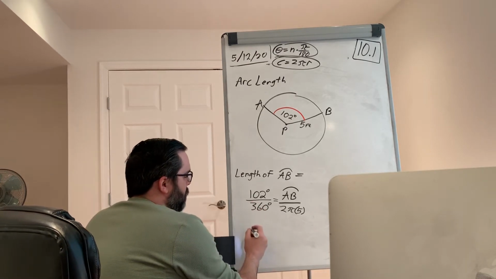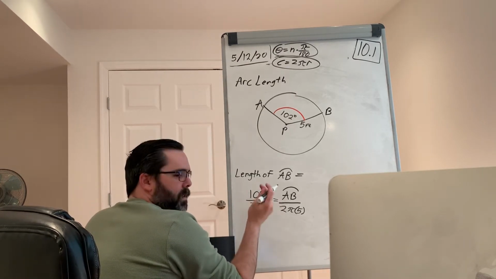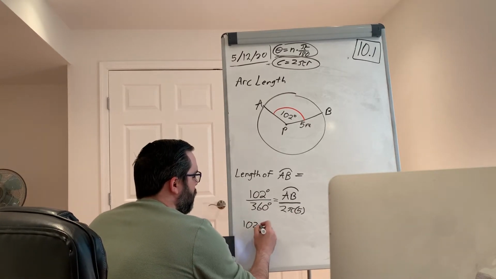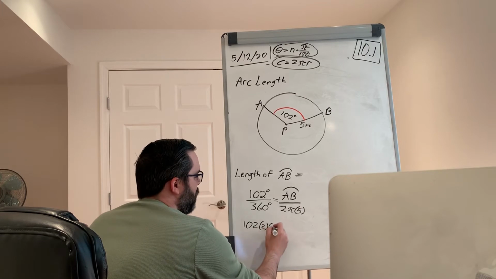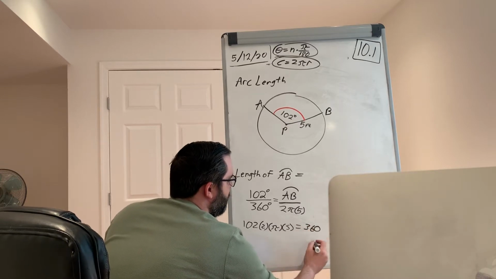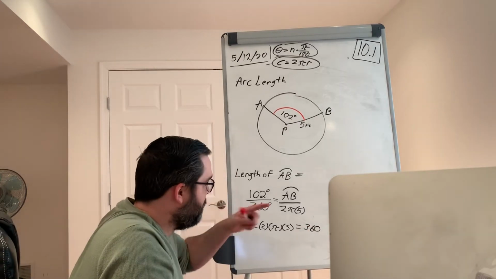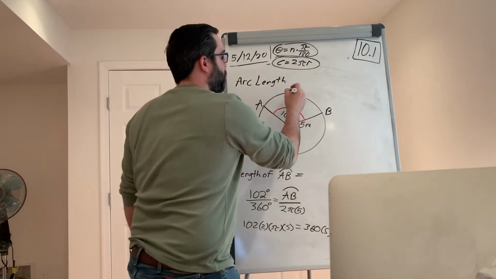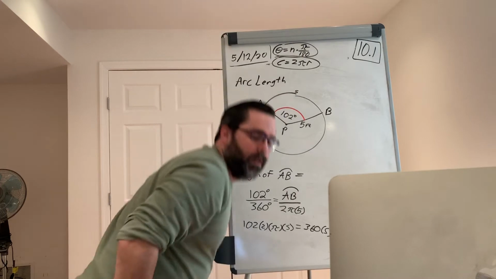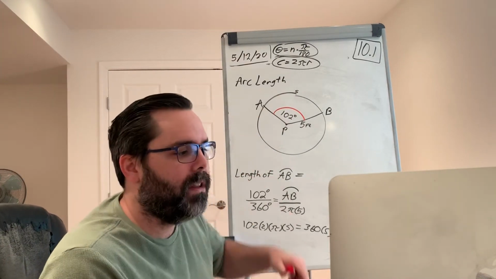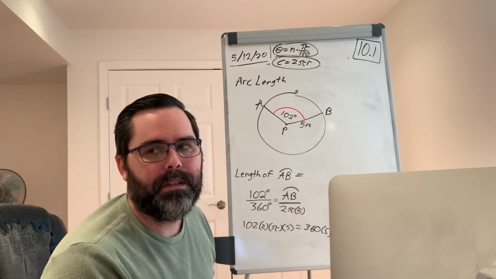We have cross multiply, or you could solve it a different way, but I'm going to cross multiply. This is 102 times 2 times pi times 5 equals 360 times, and I'm going to call this AB, I'm going to call it S. So an unknown arc measure, or arc length, we call S. S is the symbol we use.